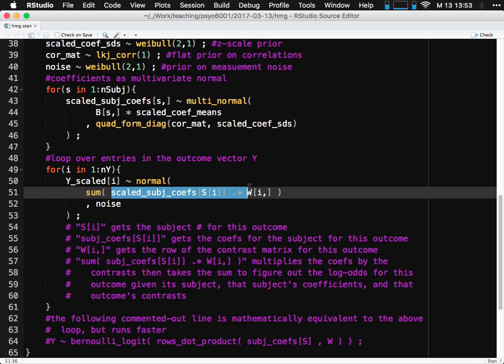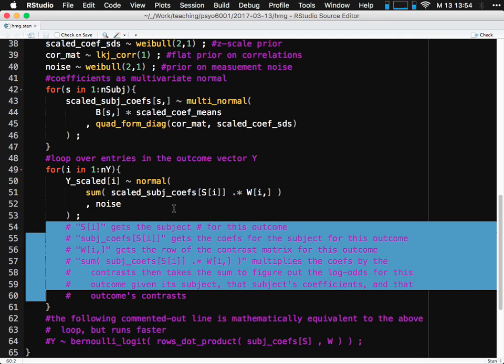Figure out what the mean for that condition should be. So that's what that little bit does. And that's actually explained a little bit in more detail down here.